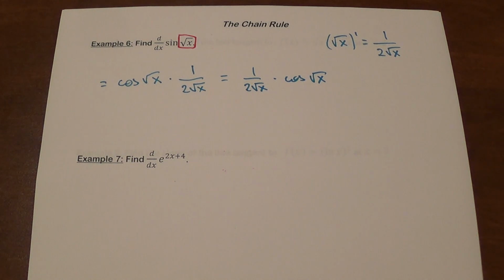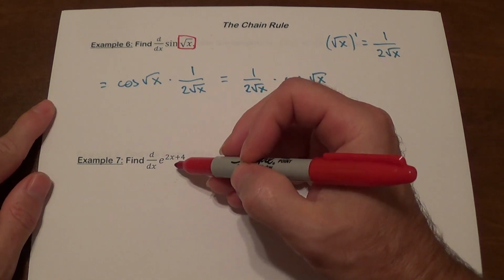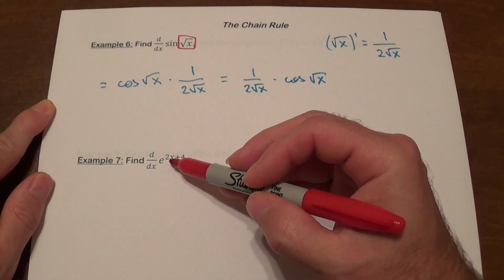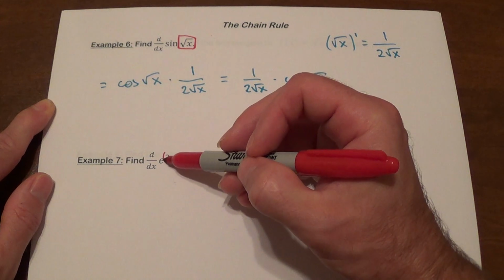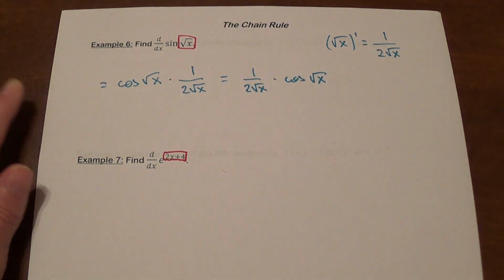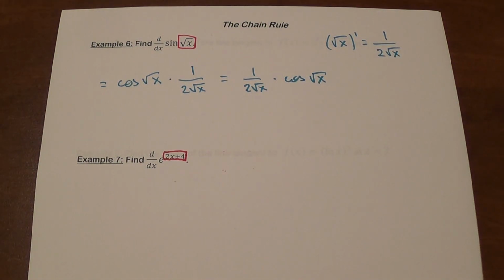Example 7. Differentiate e to the power 2x plus 4. So it's an exponential function with the power 2x plus 4. If you follow the order of operations, you do 2x plus 4 first, then you do e to that power. So this is our inside function, which means we differentiate e to the power first.